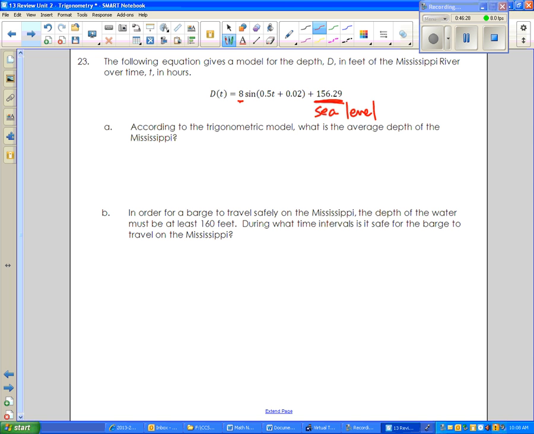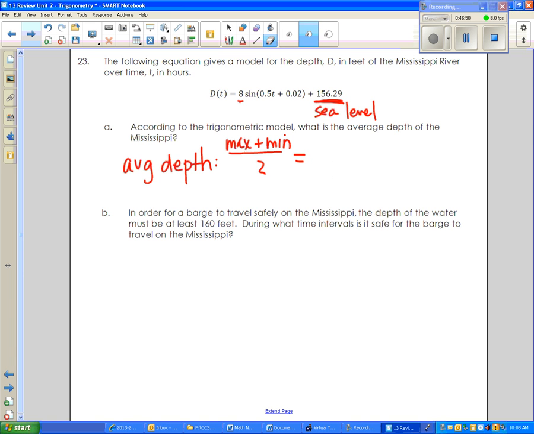In letter C, when it asks about the average depth, remember that's basically our midline. The average depth would be the maximum plus the minimum divided by 2, so max plus min over 2. Well, that's also how we define the midline.